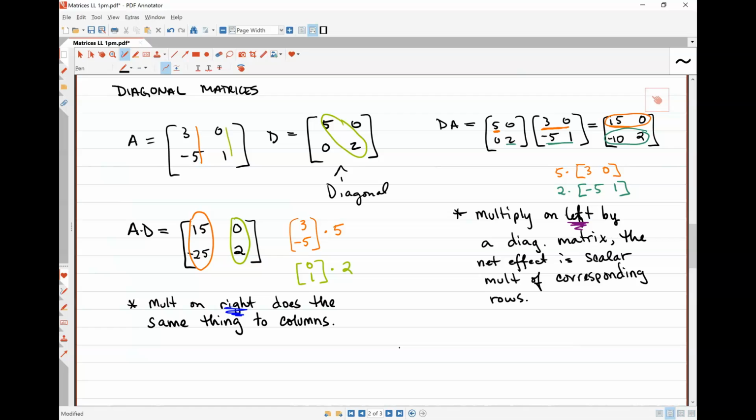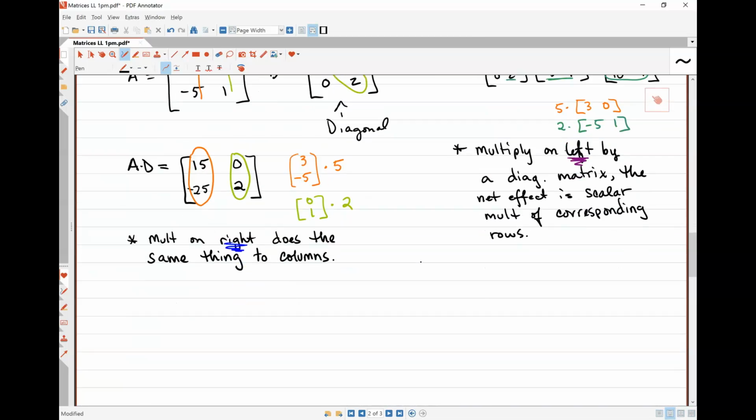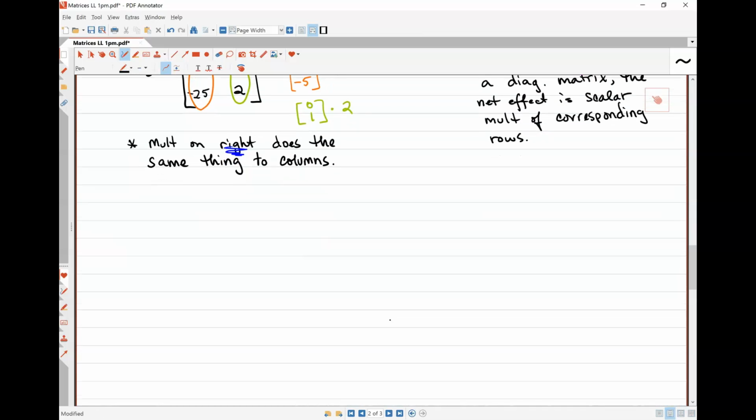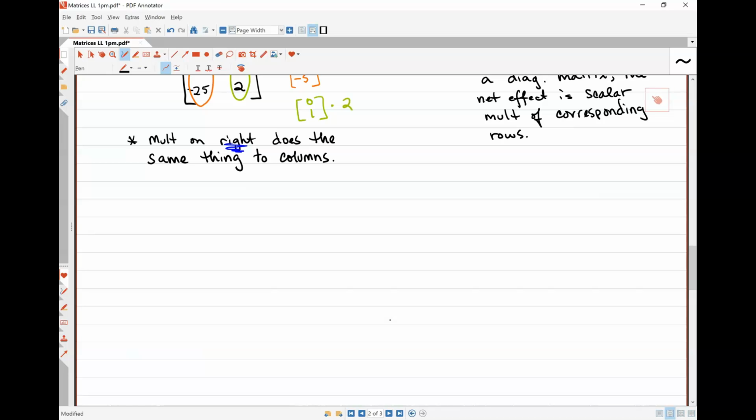Okay, so I want to show you one more kind of matrix, and these turn out to be super important in the stuff that we're going to talk about next week. We'll see them again next week, but they'll be super important for the week after that, the unit about Gauss-Jordan elimination.